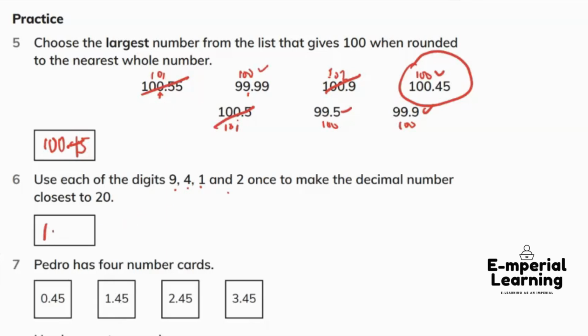We can get a 1, we can get a 9, that's a 19. And then we bring out the small. And so if it has to be closest to 20, the rest of the numbers are 4 and 2. When we arrange it this way, we get the largest number that is still the closest number to 20. Okay, hope that makes sense.